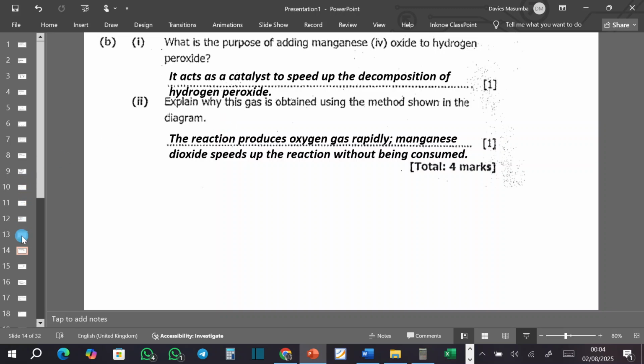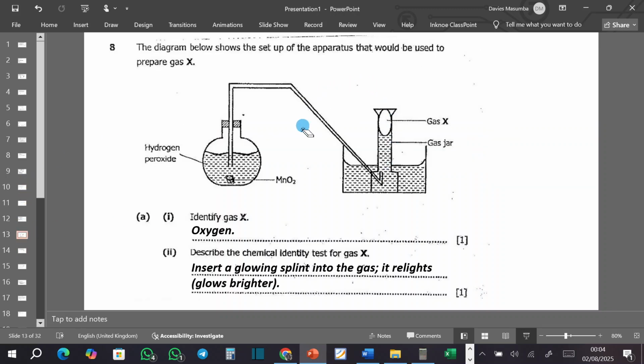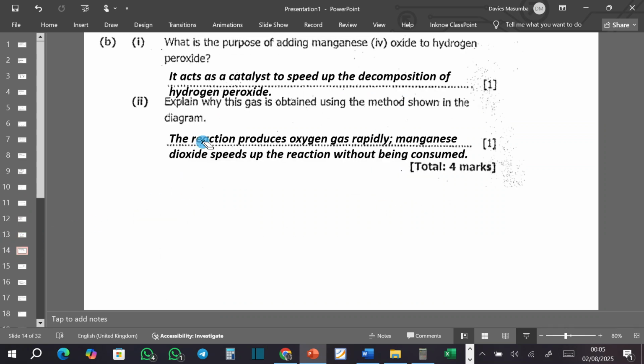So like why is this gas obtained by this method of collection over water? The answer given says the reaction produces oxygen gas rapidly, manganese oxide speeds up the reaction without being consumed.